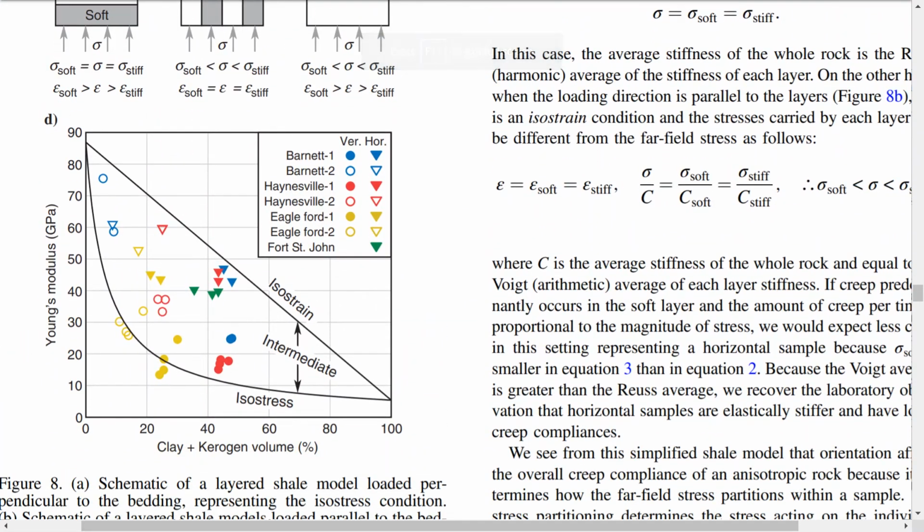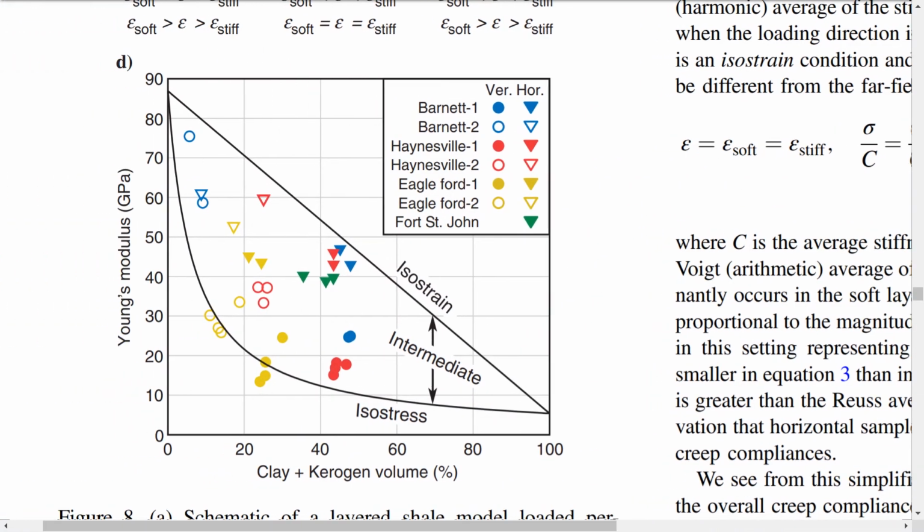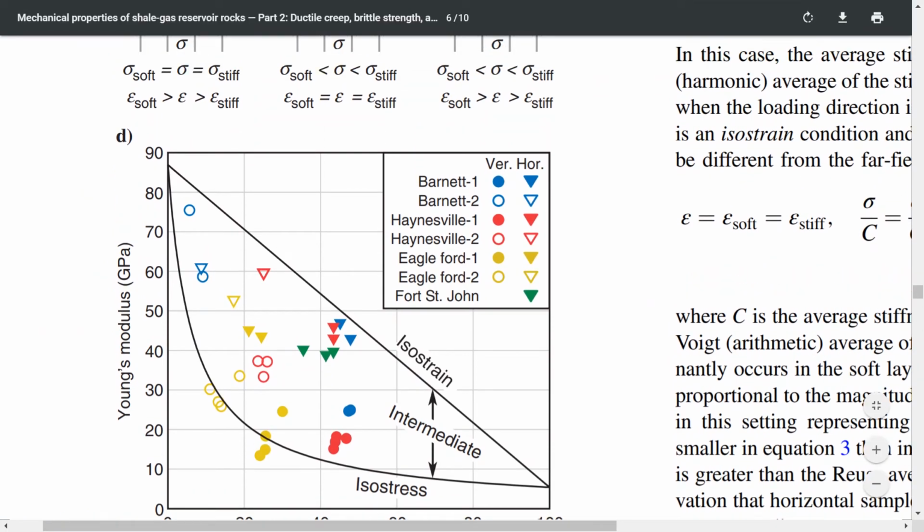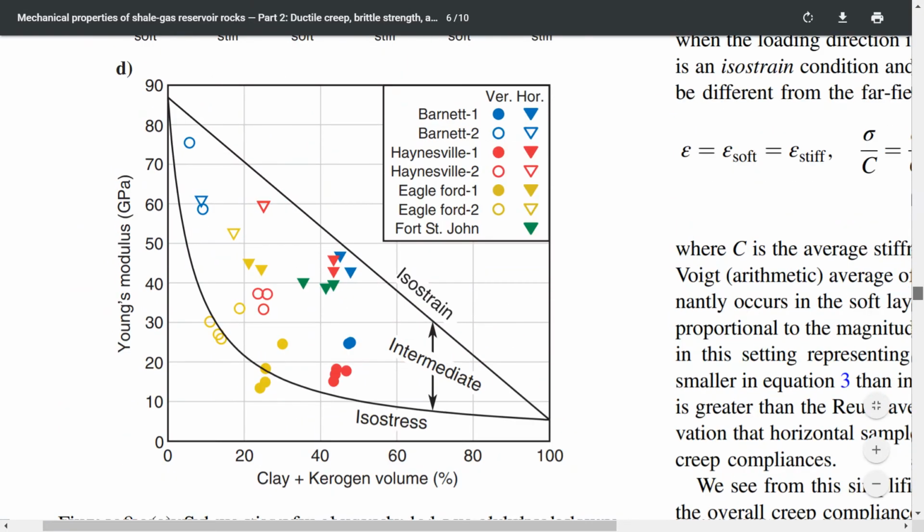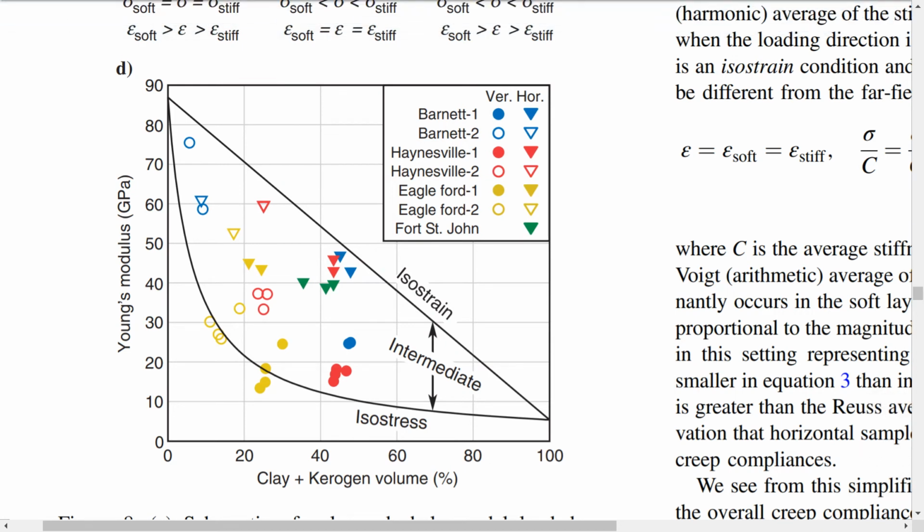What you see in this figure is Young modulus in the y-axis as a function of the amount of clay and kerogen for shales, where clay and kerogen are considered the soft part of the material.